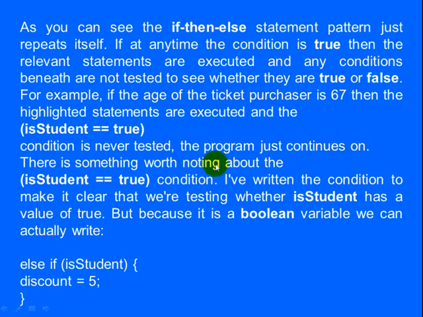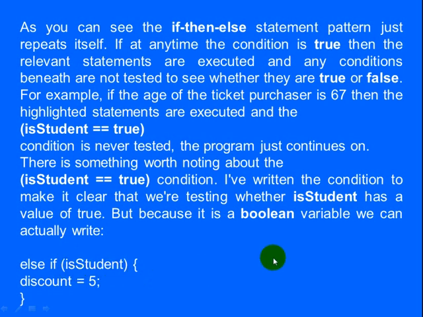There is something worth noting about the is student equals true condition. I have written the condition to make it clear that we are testing whether is student has a value of true. But because it is a Boolean variable, we can actually write else if is student, then discount equals 5. Now what is the difference between is student equals true and simply else if is student?